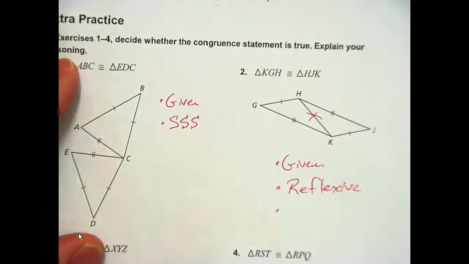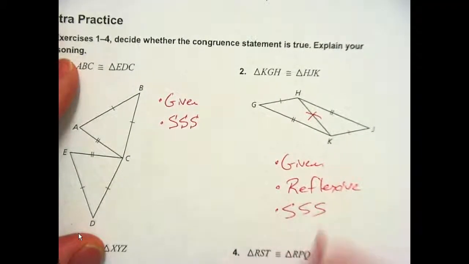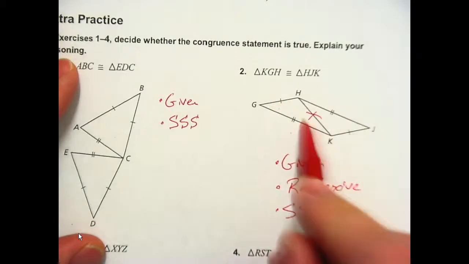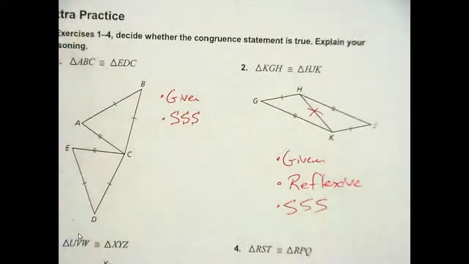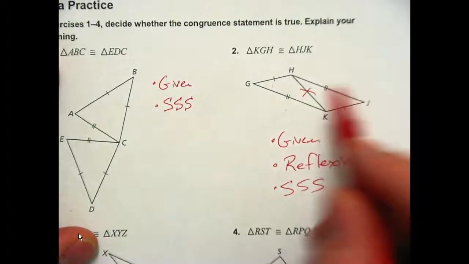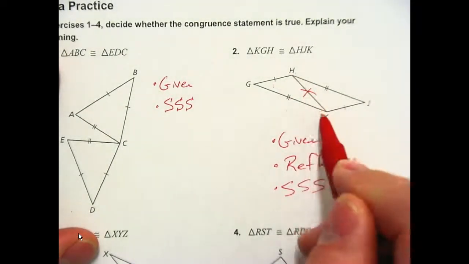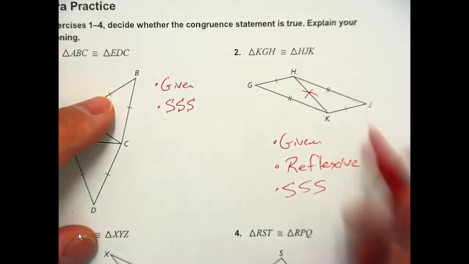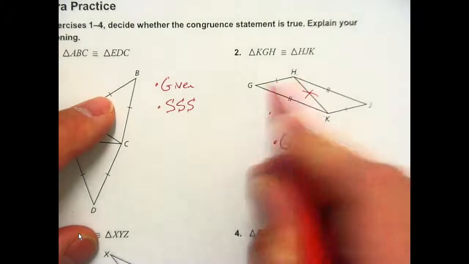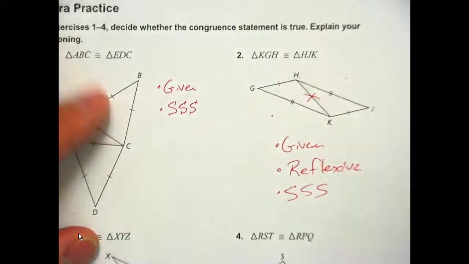SSS. Side, side, side. So we have the givens, we have the reflexive property, and then we have SSS. Notice if we were to make this statement, we'd have to say HK to KH, because if we folded this shape, it wouldn't lie perfectly on top of itself. J would move over here, and G would move over here. Any questions on those two?